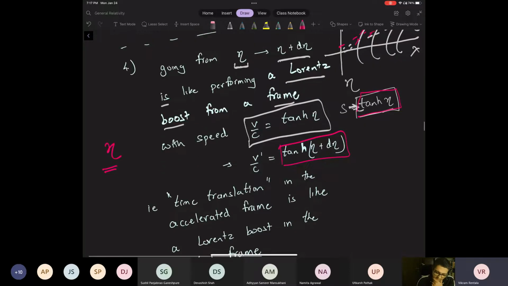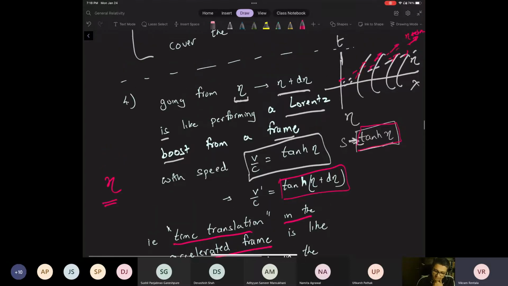So a time translation in the accelerated frame, that is in the frame of the Rindler observers, is, in the inertial frame S, like going from a frame in which the MCRF of these Rindler observers has a speed tanh eta to a frame where they have a speed tanh of eta plus d eta.